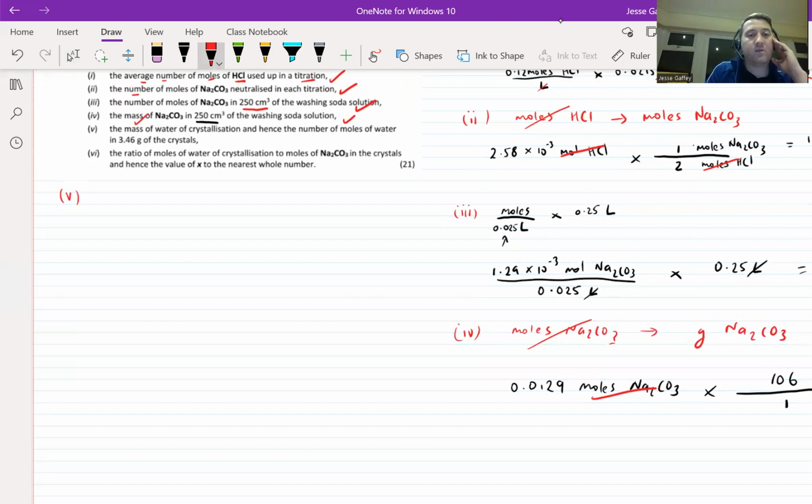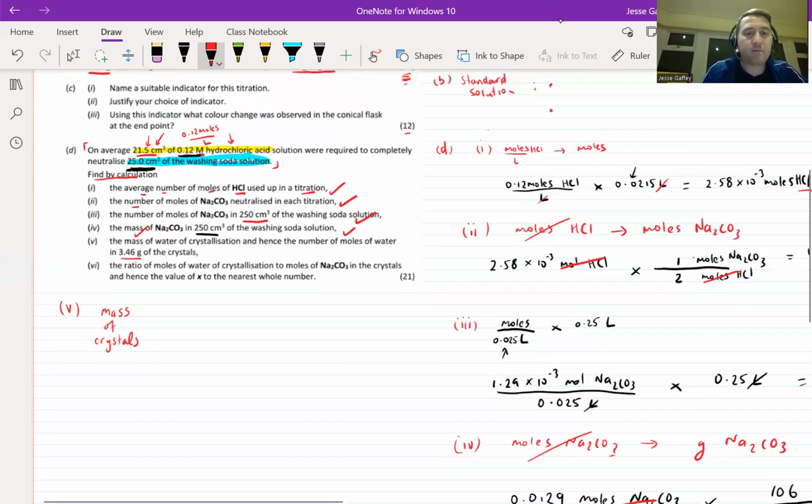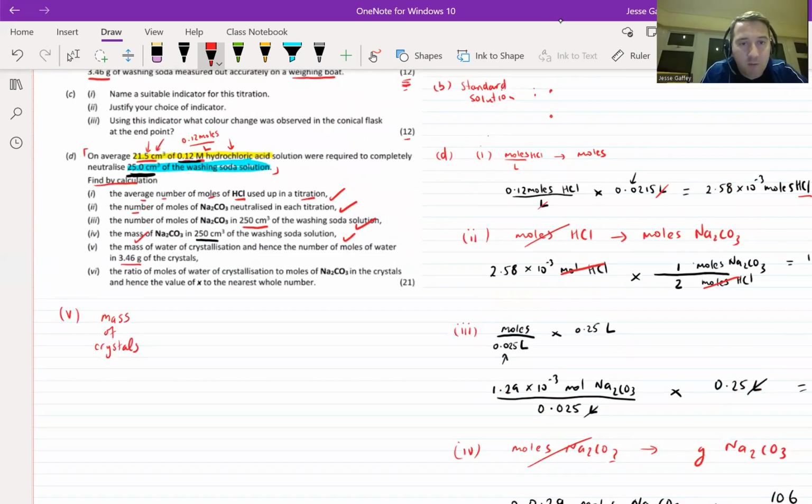There was 3.46 grams of crystals. How much could this have been, or what was this mass of crystals made up of? So we have a mass of crystals. What were the crystals made up of? Well, we know that some of them were the sodium carbonate, okay, because it was sodium carbonate crystals. That's what was in them.